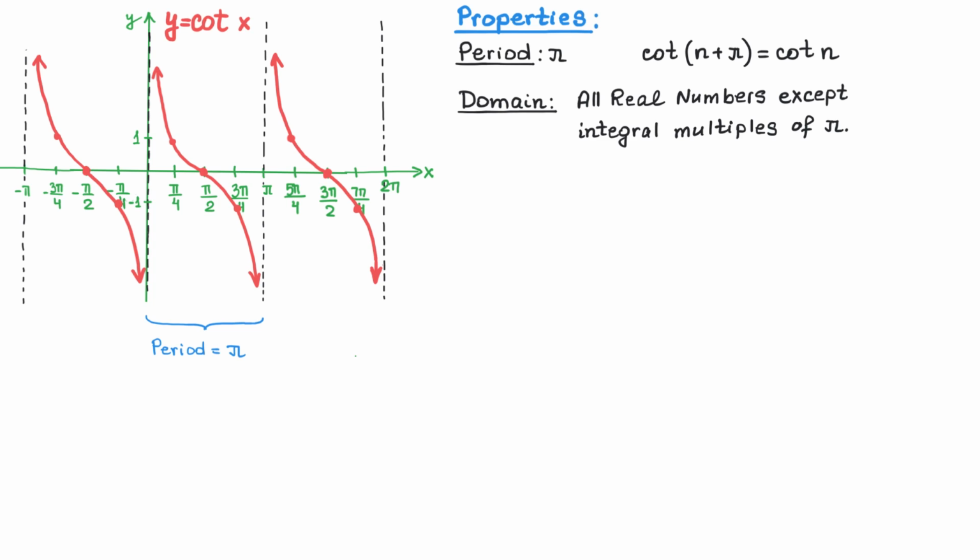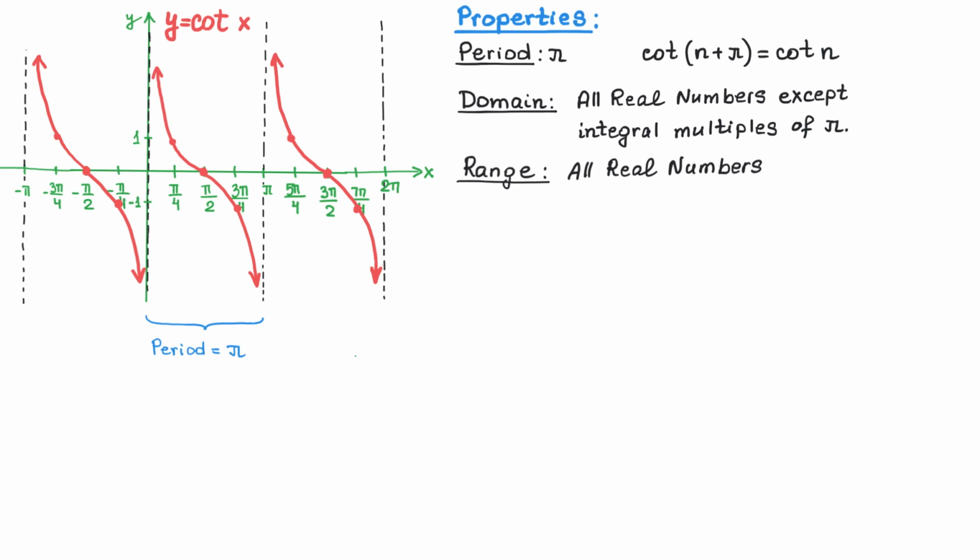The next property will be about the domain of this function. The domain is all real numbers except integral multiples of pi. For example, the function is not defined at 0, or pi, or 2 pi, and so on. And as you see, at these points, we will have vertical asymptotes. Now, the range of the function is all real numbers.